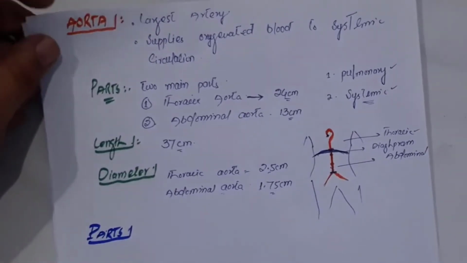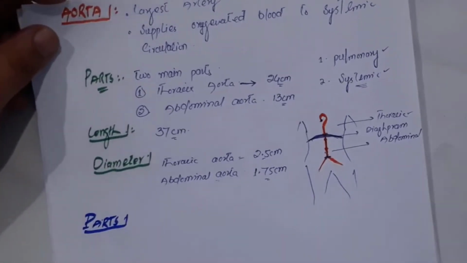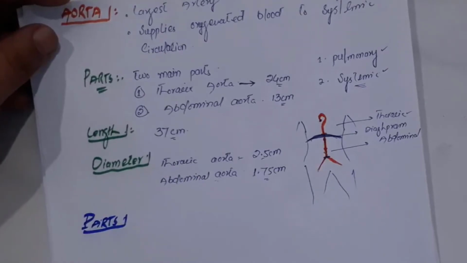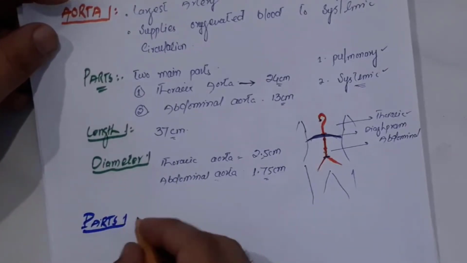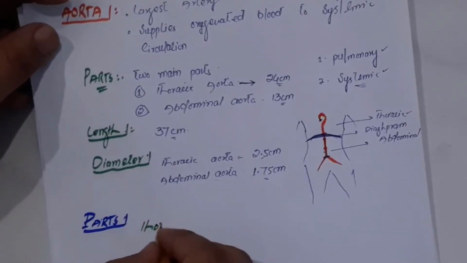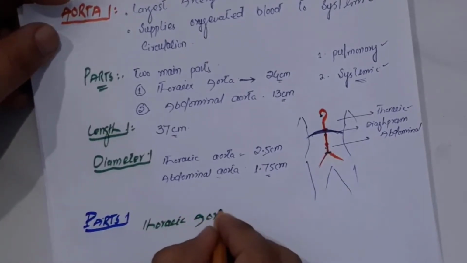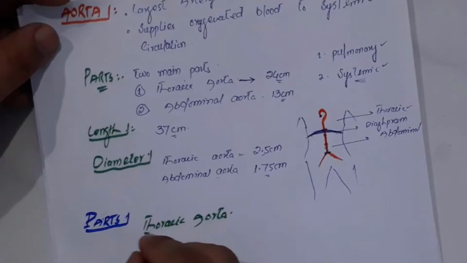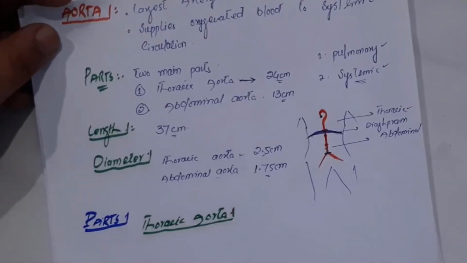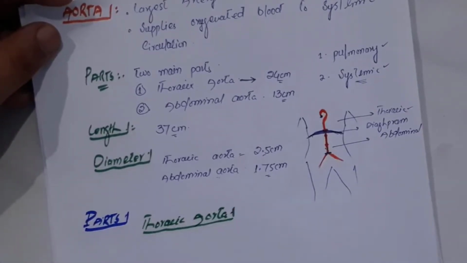Thank you so much. So let's see the first part that I have mentioned here, which is the thoracic aorta. Let me discuss thoracic aorta first. What is the origin point of this thoracic aorta?